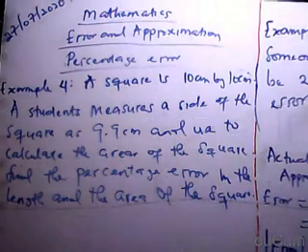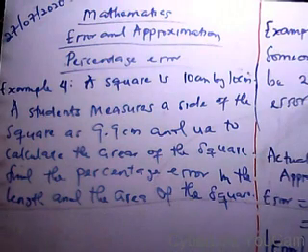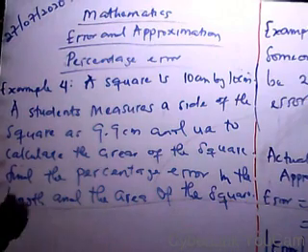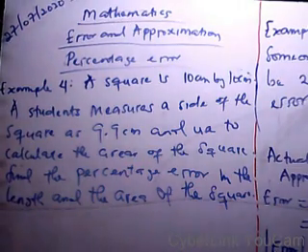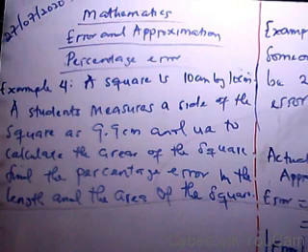So we are still on continuation of percentage error. Last class we stopped at example 3. Now we are starting from example 4, and this is the question. A square is 10 centimeter by 10 centimeter.